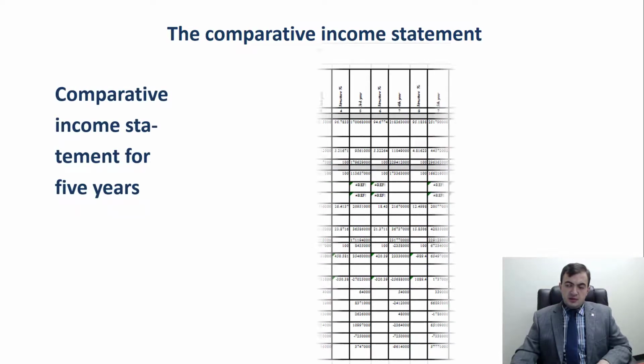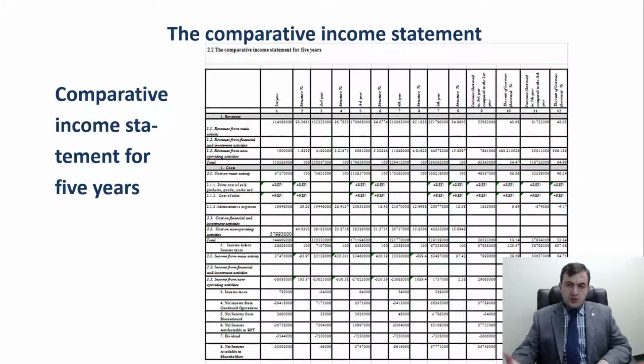In the comparative income statement, we will use this big table structure to organize it. What we want to see is the structure and the growth or decline of main items of the income statement.